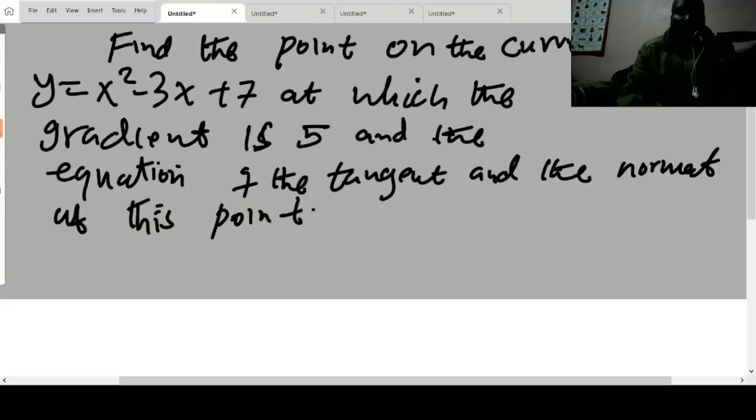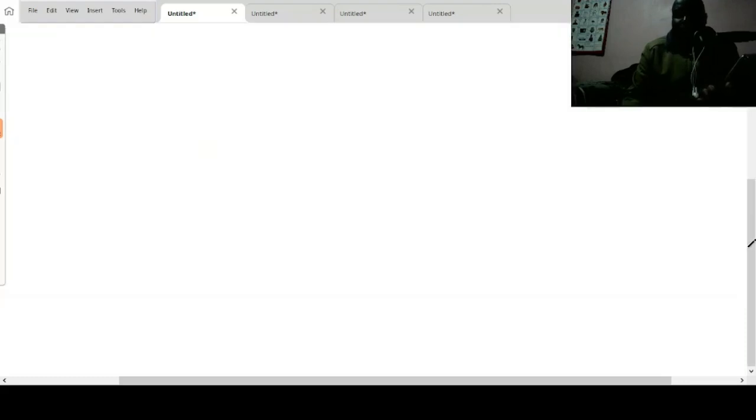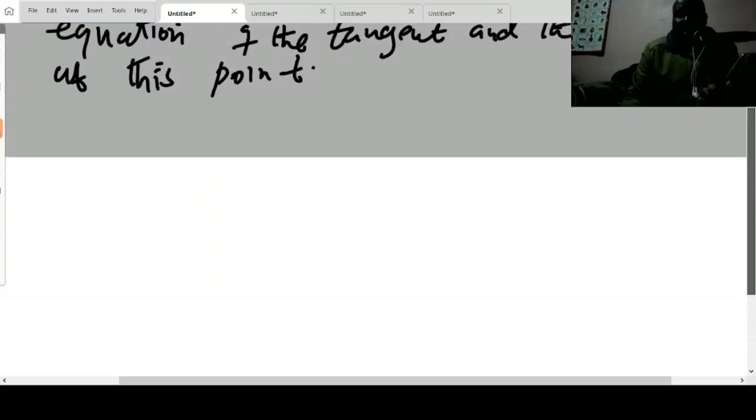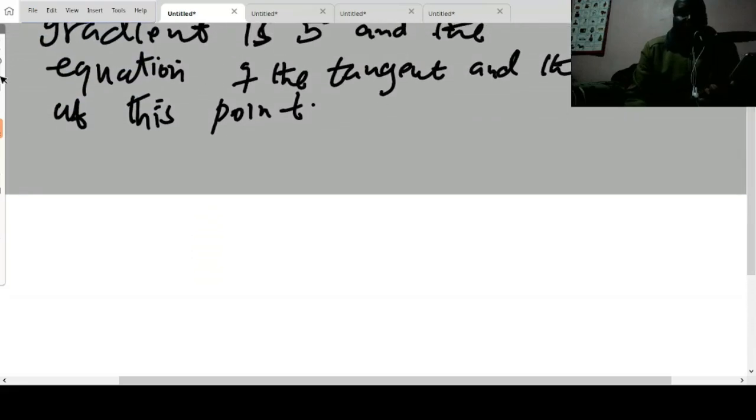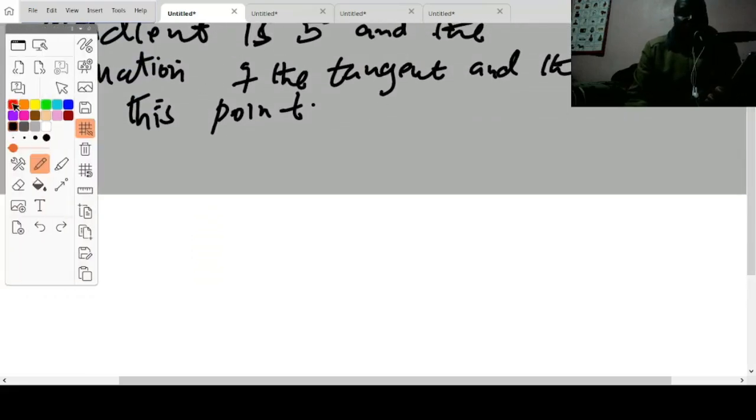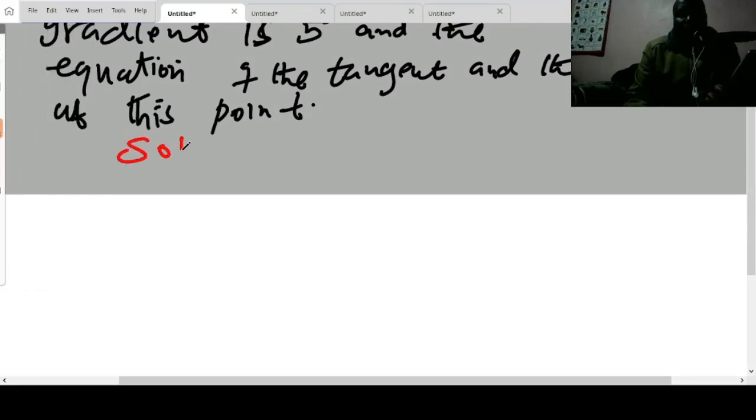So hapa tuko na kibara. We have work to do here. We need to get the point. After getting the point, because we have the gradient, now we are going to use the point to find the equation of the tangent and the equation of the normal. The equation of the point should be very simple and fine now. So let me take you through that very fast. Solution.